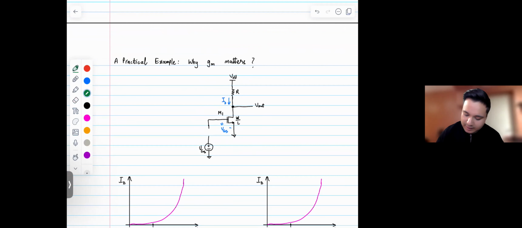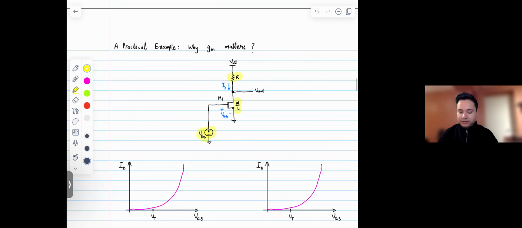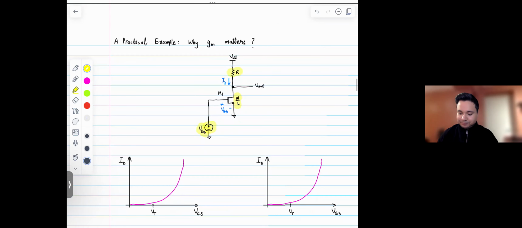Let's take an example of this little common source amplifier circuit here. We have a MOSFET with a size of W by L. We have the resistance as a load, and it sets the ID as well, and we have the VGS, a DC voltage source that sets the gate voltage of the transistor, and the output is over on the drain of this M1 transistor.